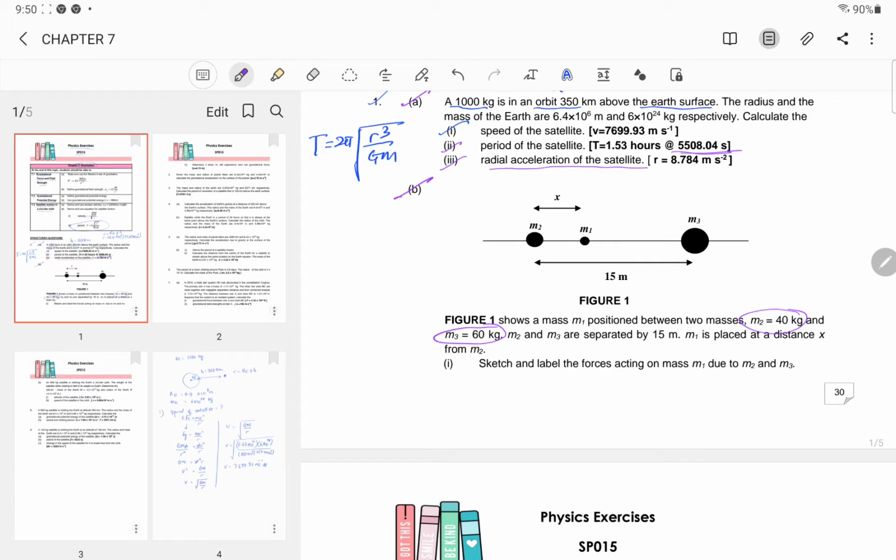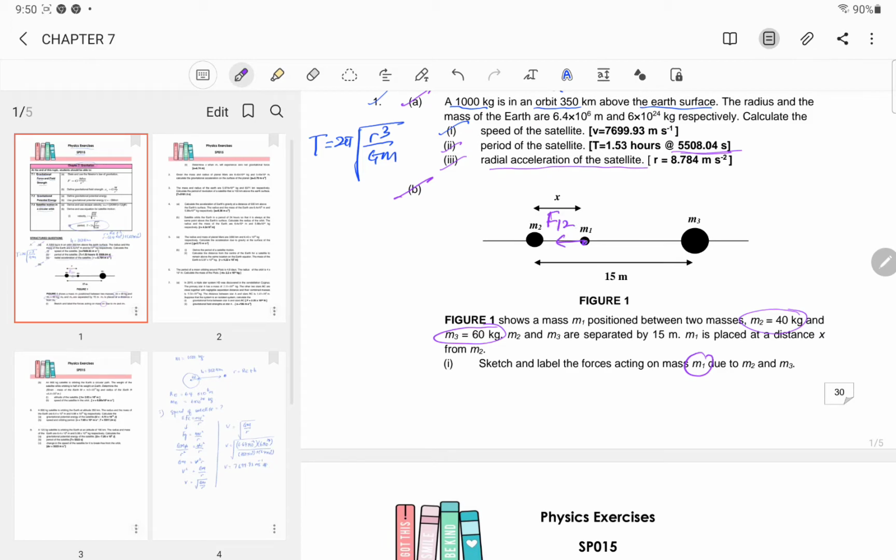M2 and M3 are separated by 15 meters. Sketch and label the forces acting on mass M1. Okay, so when the question says acting on mass M1, your forces must start from M1. So what do we have?